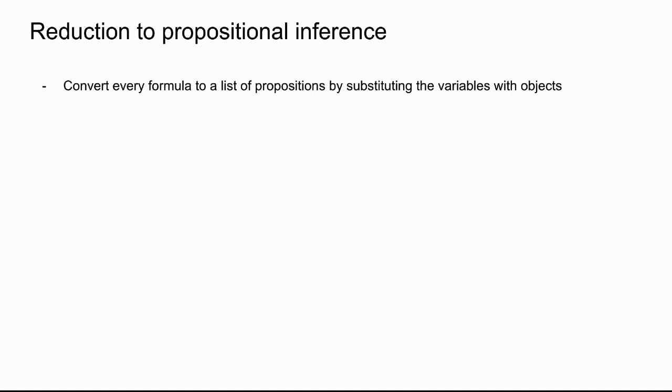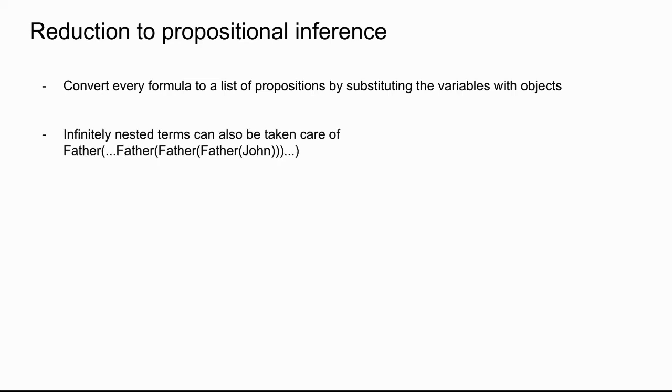If you have any formula in first order logic, you can convert that to a list of propositions by substituting the variables with different kinds of objects. You may ask how we handle these variables when you have infinitely nested terms.